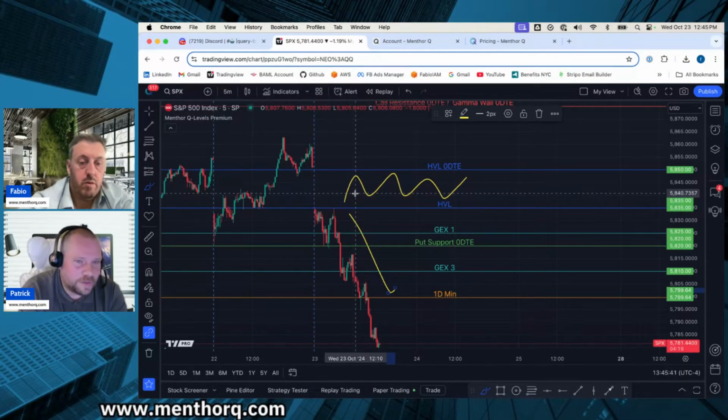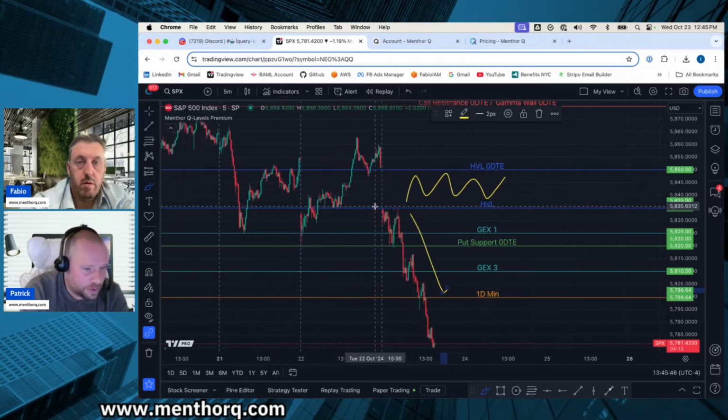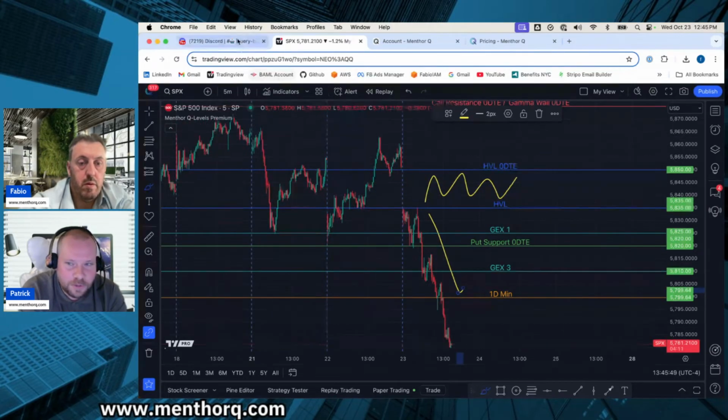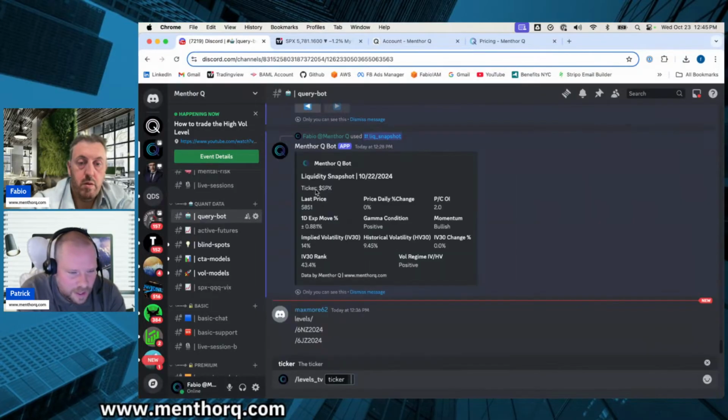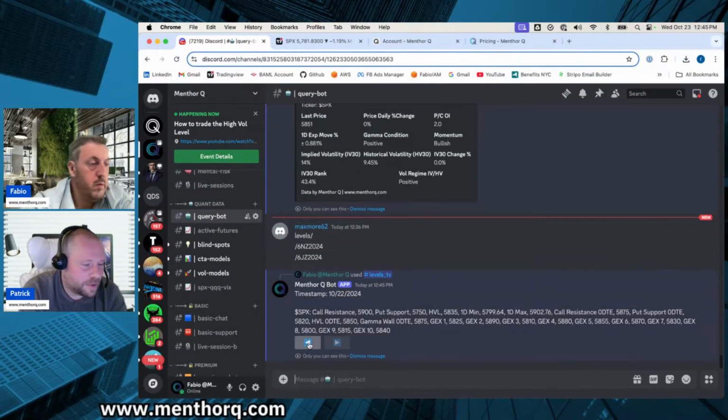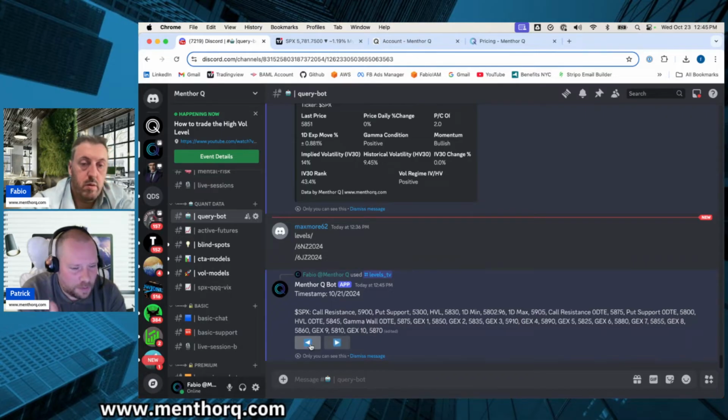And you have the option with MenthorQ to look back. You can now look back at the levels for 5 days if you go into the Discord. I highly recommend observing the levels every time. When we have the high vol levels, you will see there's some price action. Sometimes we have the pin effect.